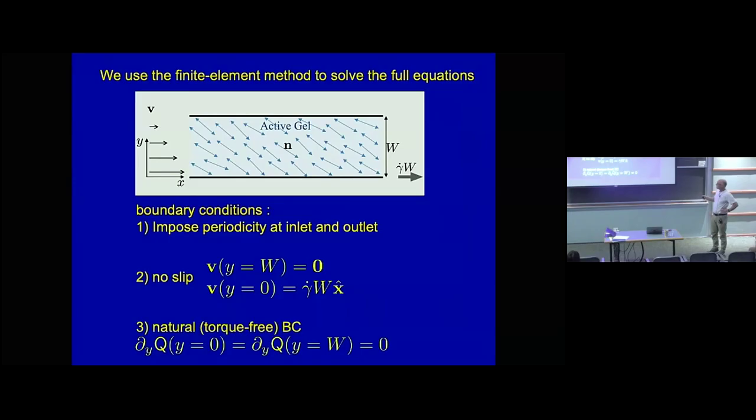So now we've got a finite system, more or less of the dimensions that you see here, and we impose periodic boundary conditions at the inlet and the outlet, no slip boundary conditions on the velocity. You could put anchoring conditions on the walls, but we don't. We just use natural or so-called torque-free boundary conditions, just because then it's easier to compare with our analytical calculations that I showed on the previous slide.